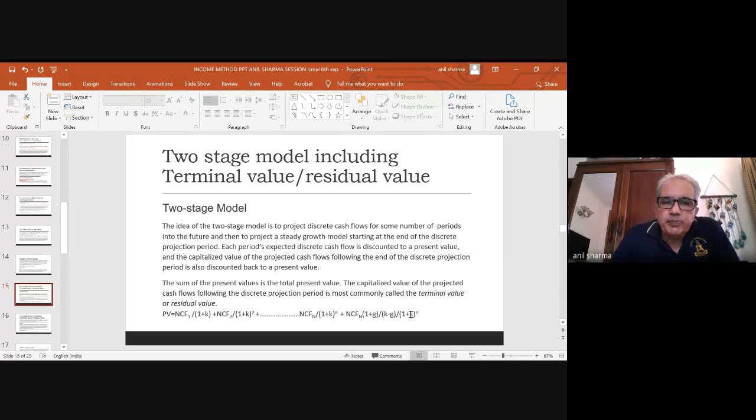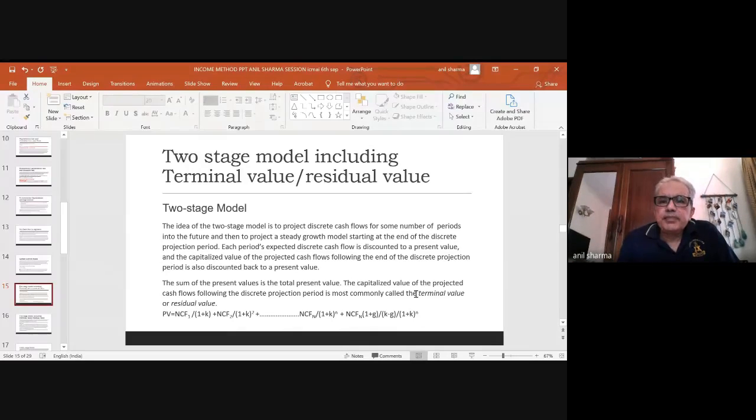So there are two periods in this. There is a discrete cash flow period, where you get 1 lakh rupees in the first year, 2 lakh in the second year, 2.5 lakh in the third year, and so on till X number of years. And then there is a constant cash flow for you with a certain rate of growth after the X number of years.